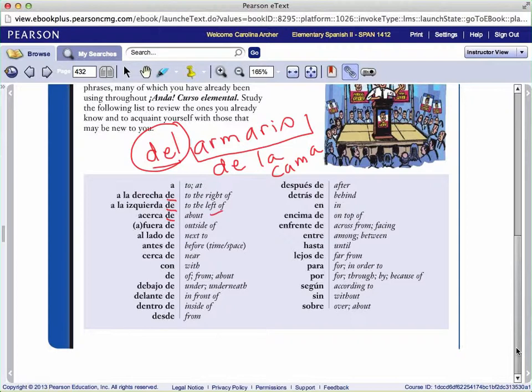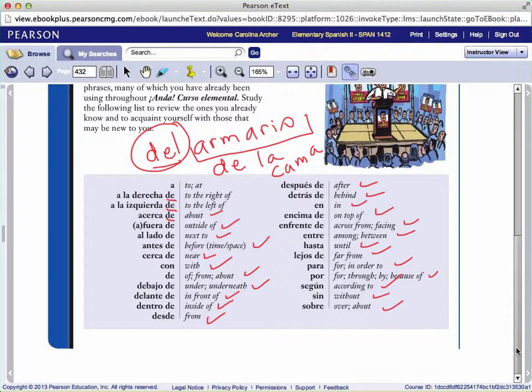Acerca de, about, afuera de, outside of, al lado de, antes de, cerca de, con, with, de, can mean of or from or about, debajo de, delante de, dentro de, desde, después de, detrás de, en, encima de, enfrente de, entre, hasta, lejos de, para y por, según, sin y sobre.